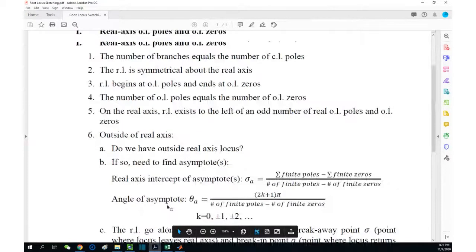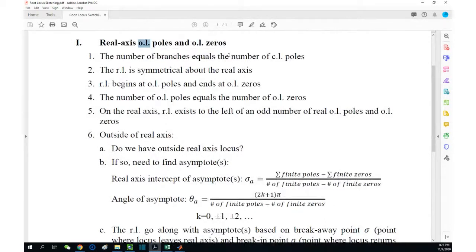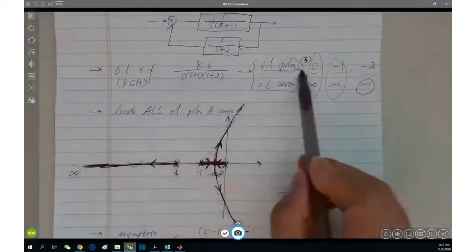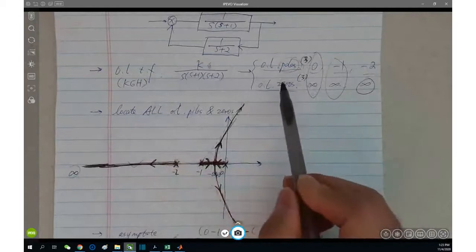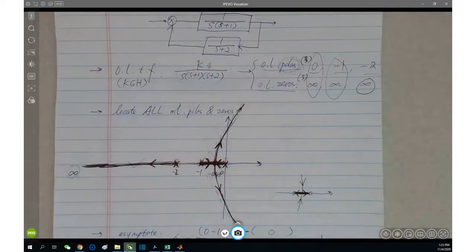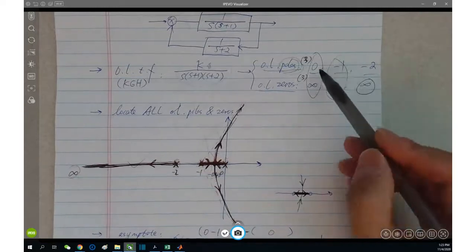But once again, it all depends on the open loop transfer function poles and zeros. We start with those, just like we did here. Find open loop poles and open loop zeros, and determine the numbers of them. How many of them?